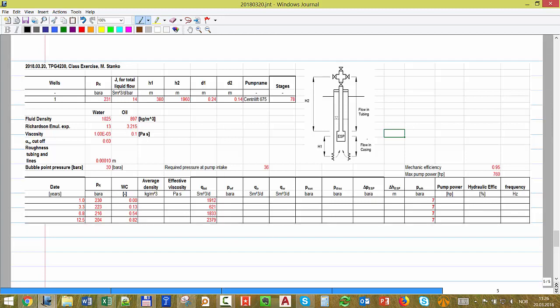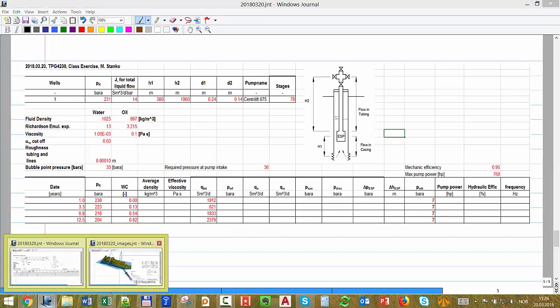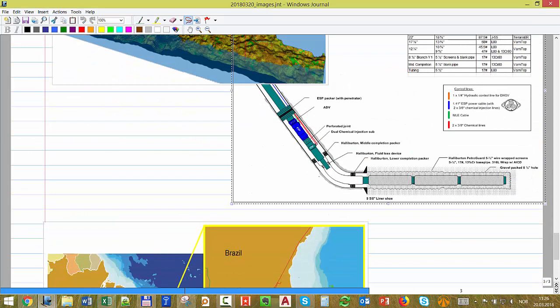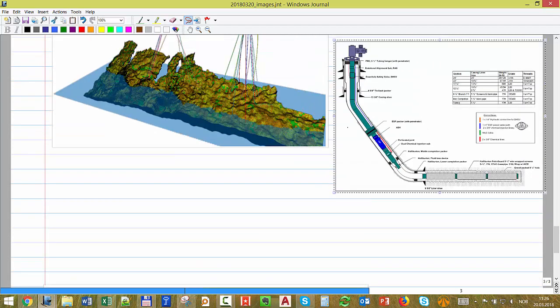The construction is such because the well is horizontal and you have to have this kickoff point. So the ESP is not all the way close to the bottom hole, but much higher, at a much smaller TVD, because the well starts to deviate and then you have the kickoff point for the horizontal section.